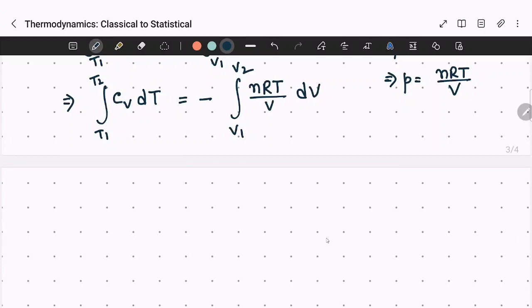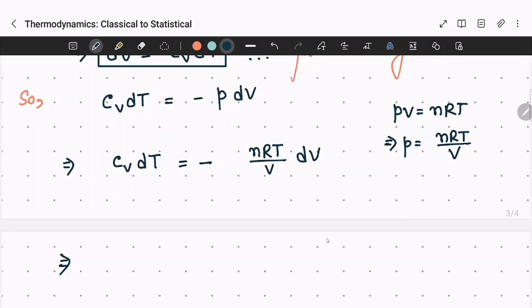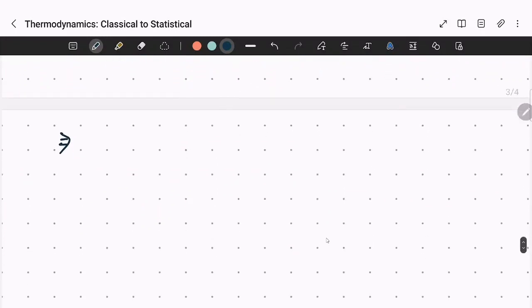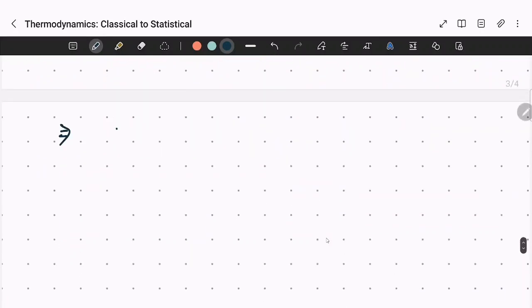Okay, we'll put the integration later. Let me do it first like this. Cv dT equals minus PdV, just putting P equals nRT by V. So Cv dT by T equals minus nR, these are constants, dV by V. Now you can put the integration on both sides.